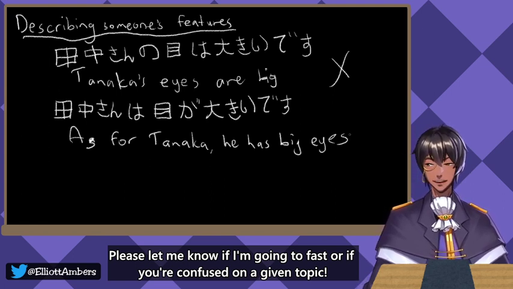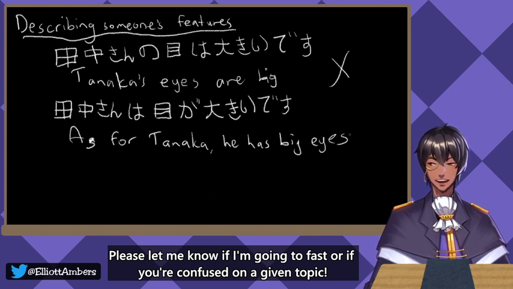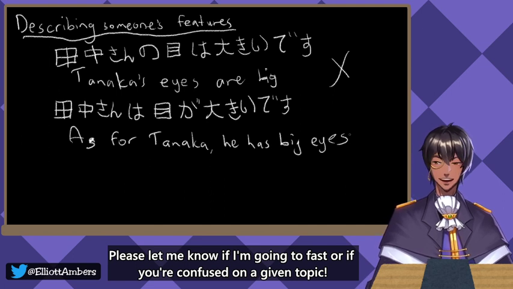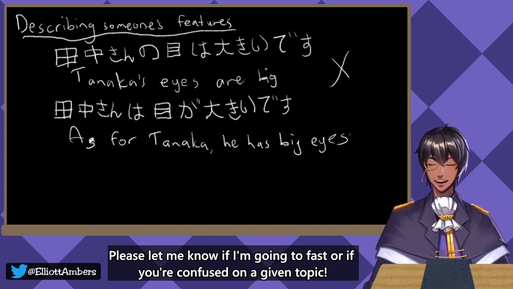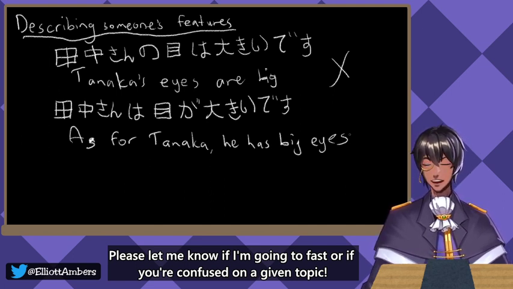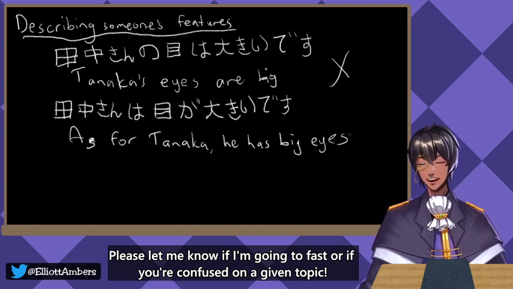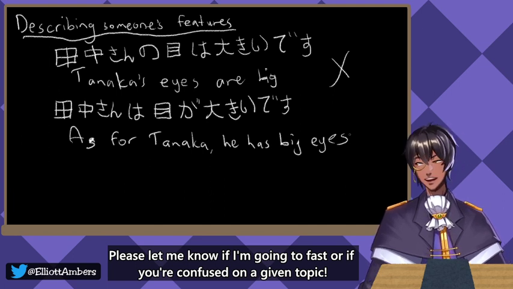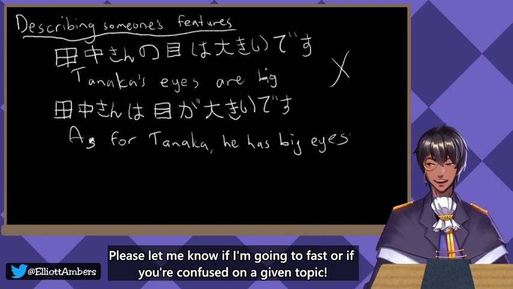I'm not sure why exactly it is that that particle usage is more correct. Tanaka-san wa me ga ookii. Seems like, because we know that wa is the particle that more or less represents being something in particle form, Tanaka-san is big-eyed, I guess, is sort of what it's going for here.